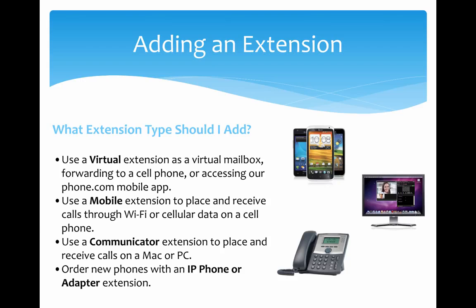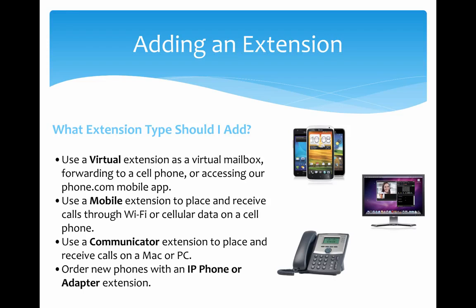Third, we have some computer software for the Mac or PC called Communicator, and this will let you place and receive calls directly from your computer with the headset. And last but not least, the more traditional route, we have some high-quality HD audio IP phones, or we have some adapters that you can order that'll let you hook up a traditional analog phone to your Phone.com account.